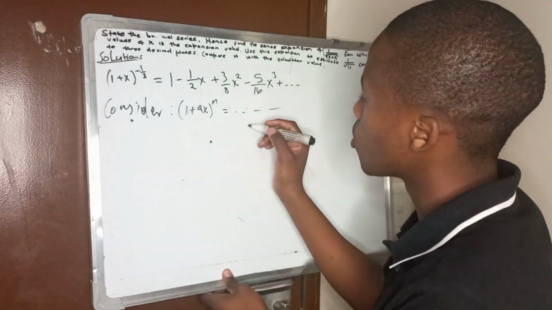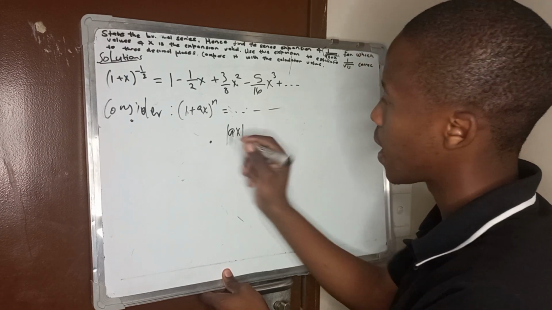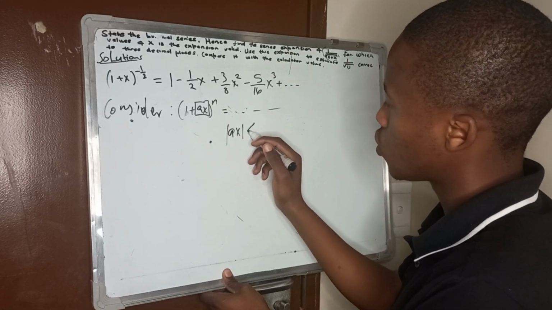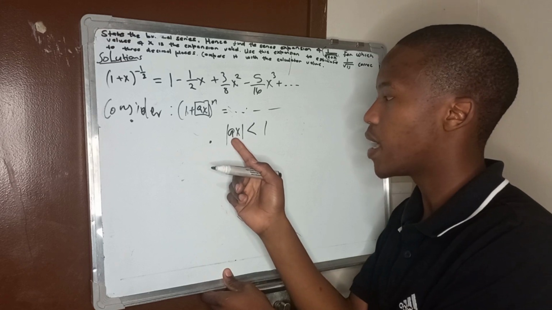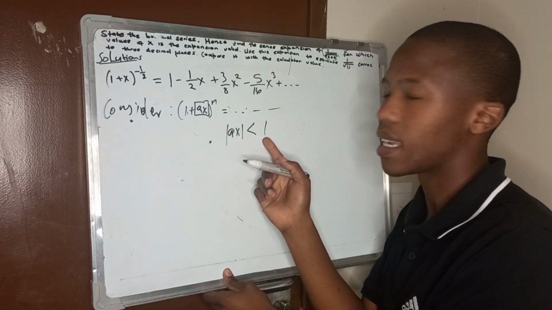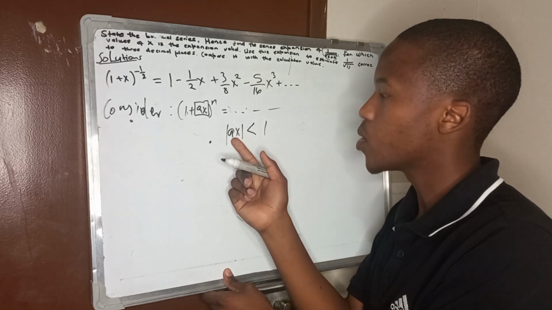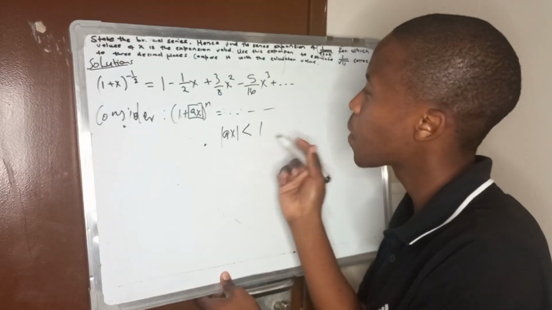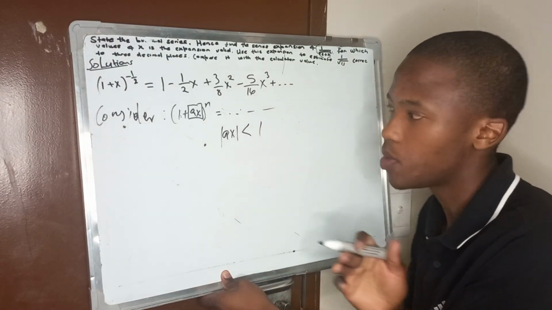In the formula, the absolute value of ax has to be less than 1. When the absolute value of ax is less than 1, then those values will always be valid.